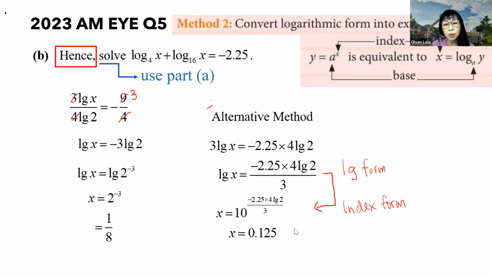Then to end off, you just simply use a calculator and you can get the answer. It will show 0.125, and 0.125 is exactly the same as 1/8. They are the same. All right, so with this, we explain how we can solve question 5B.